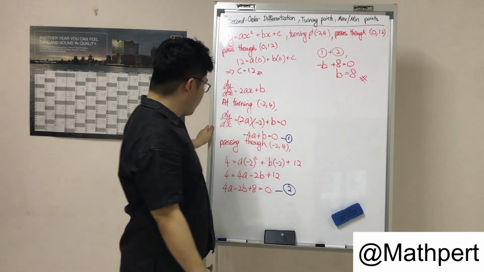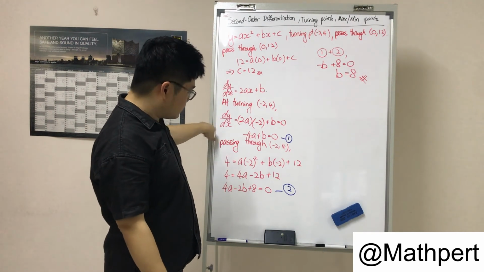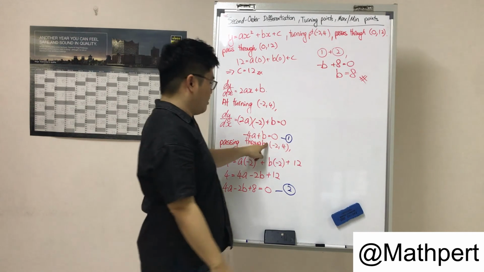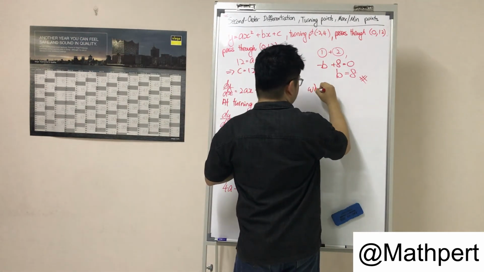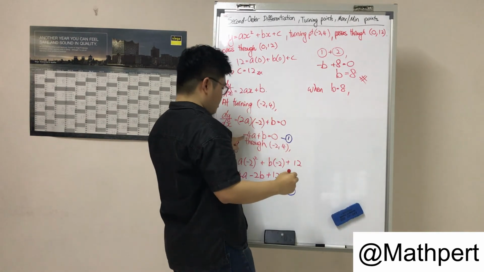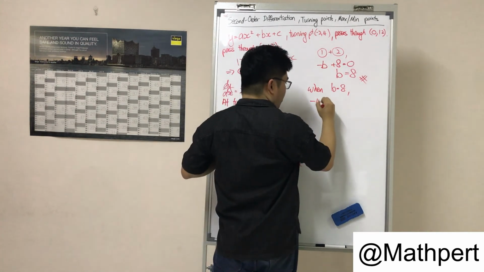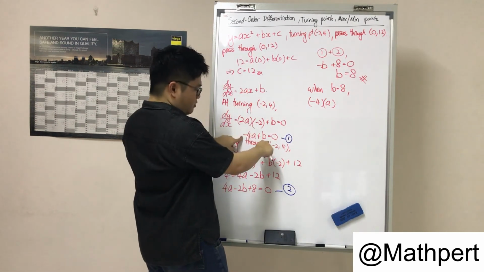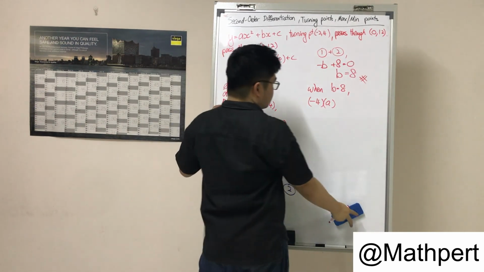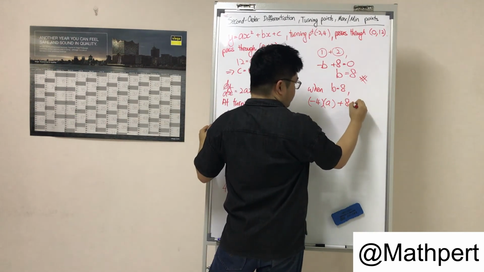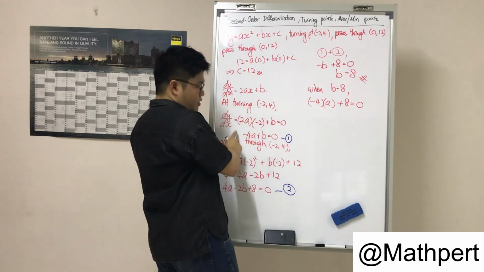When b is equal to 8, we substitute into equation number 1. Okay? So when b is equal to 8, minus 4a from here plus b, which is 8, equals 0 over here.